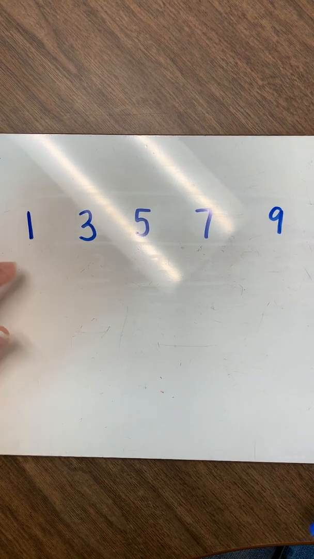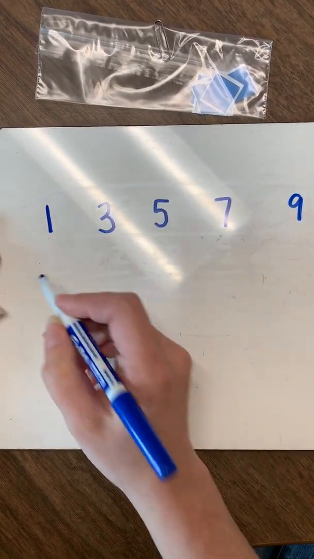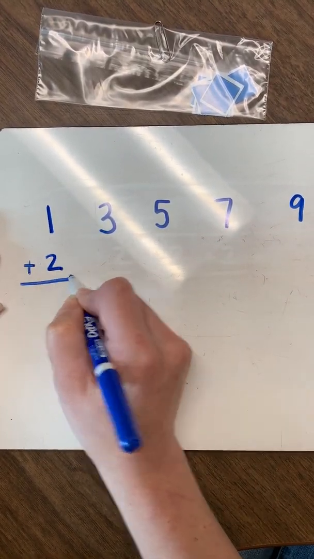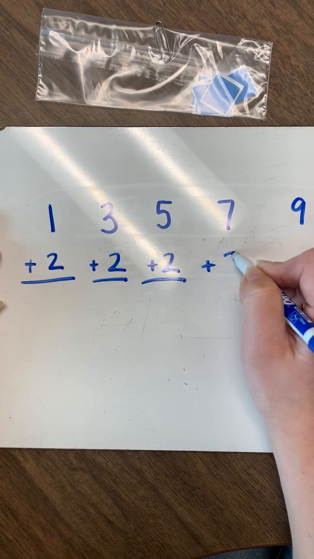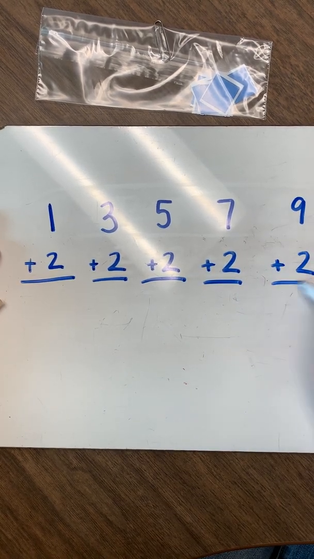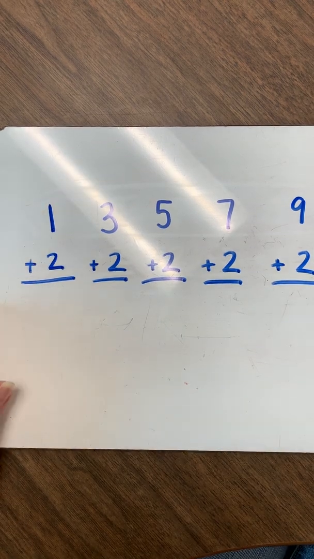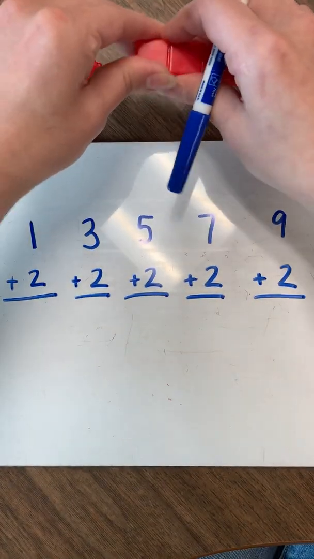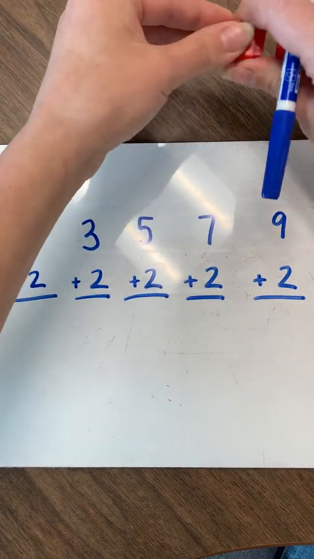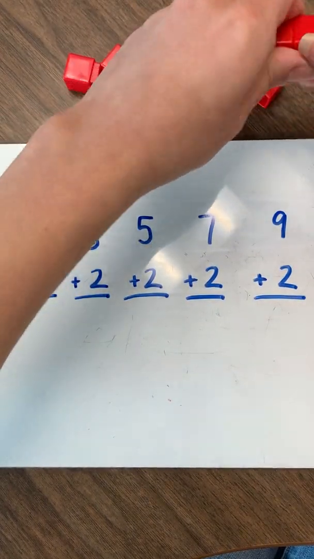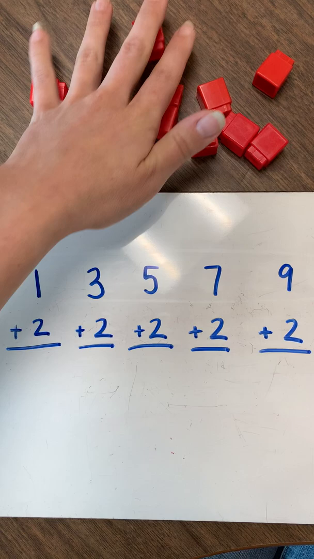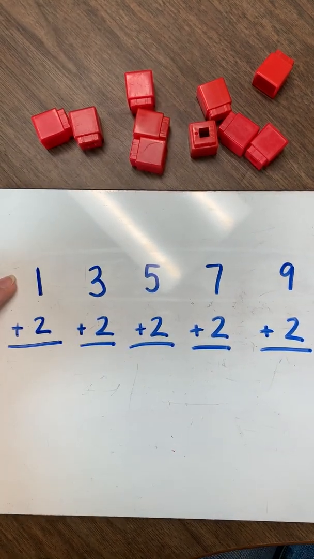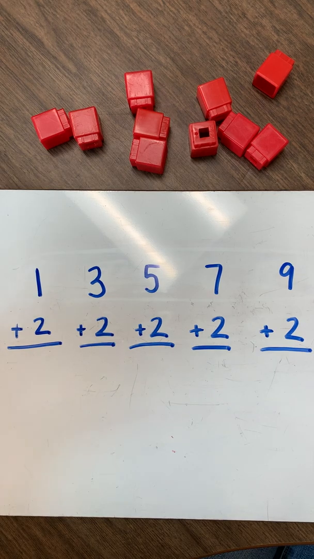Let's add 2 to each of these numbers. Find your linking cubes while I write the problems. Starting with our first problem. What's 1 plus 2?